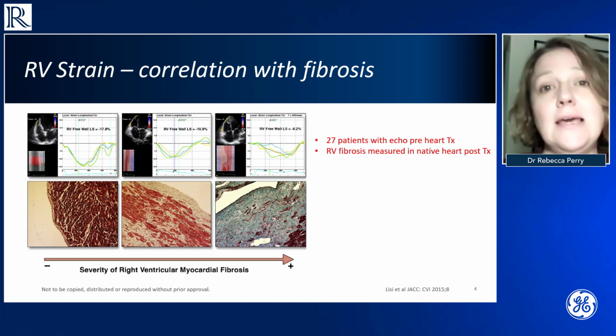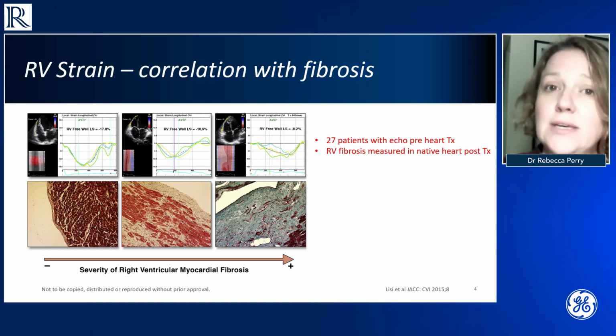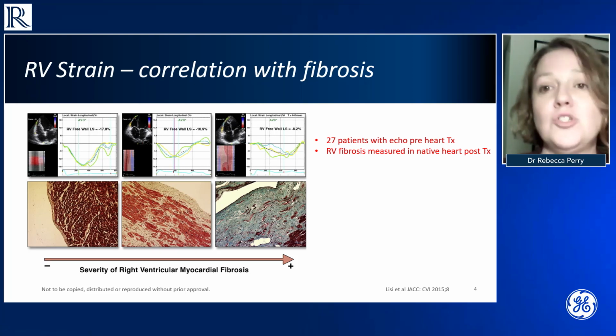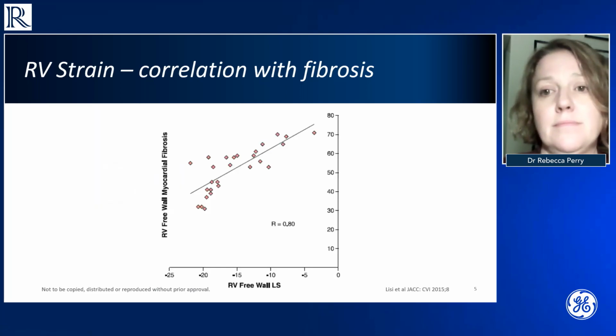So you can see here in the image on the left that the highest right ventricular strain correlated with the least amount of fibrosis. And as there was more and more fibrosis, the strain was reduced. In fact, there was quite a linear correlation between the degree of fibrosis and the right ventricular strain, as you can see here.